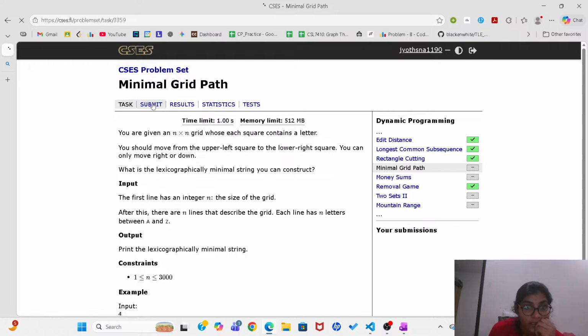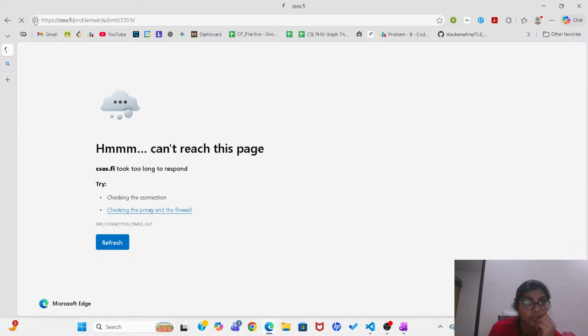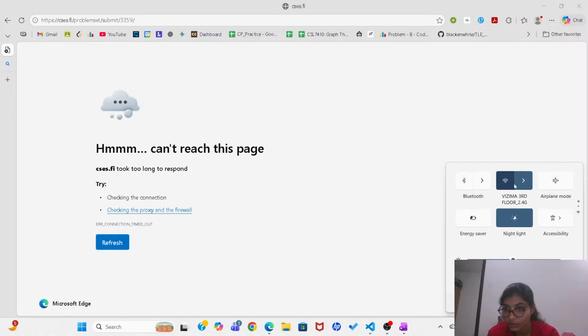Why is my internet not working? Array. Why is my Wi-Fi not working?